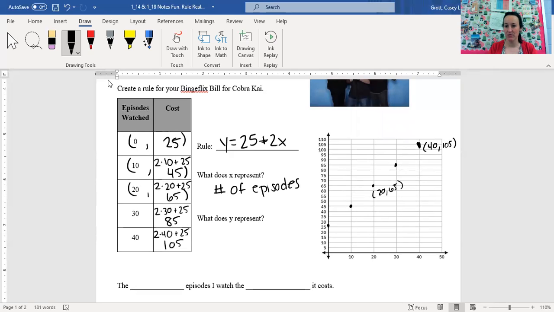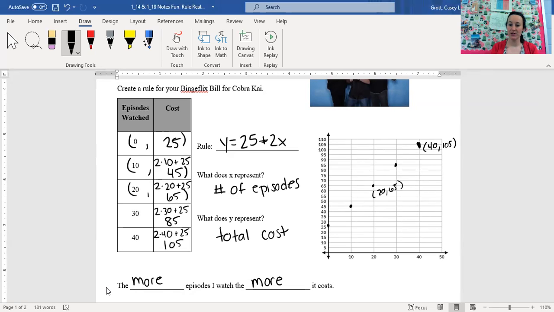Let's get more specific though, because cost could mean anything. We're looking for the total cost, not the cost of an episode, but y is what the total cost ends up being. We're also going to start looking at patterns. The more episodes we watch, the more it ends up costing.